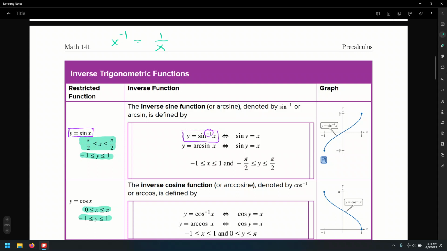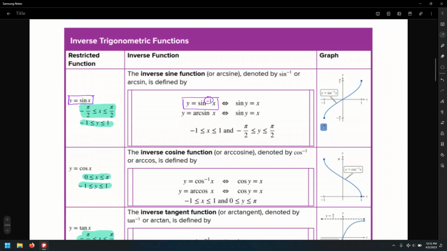Or something like e to the -x, an exponential function, that's 1 over e to the positive x, right? However, these two examples really represent reciprocals, not inverses.